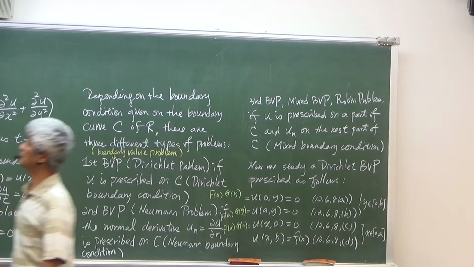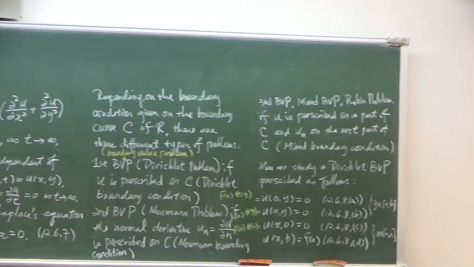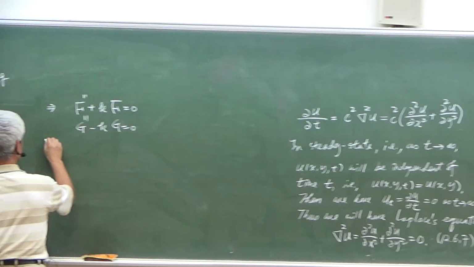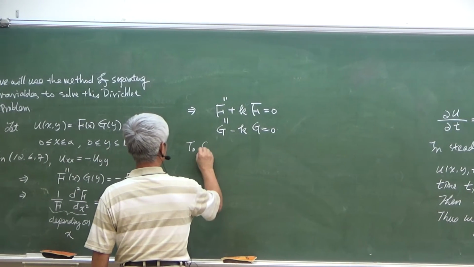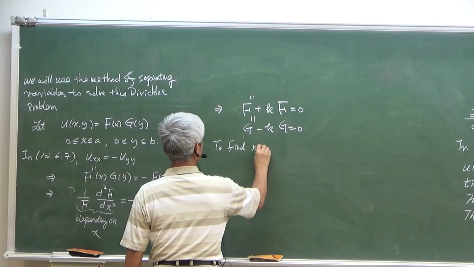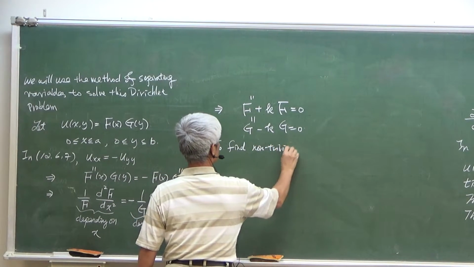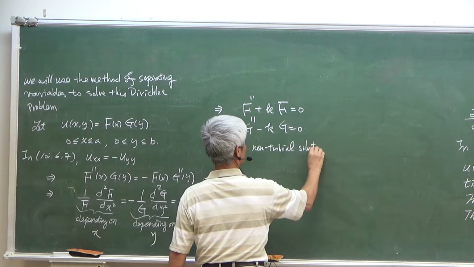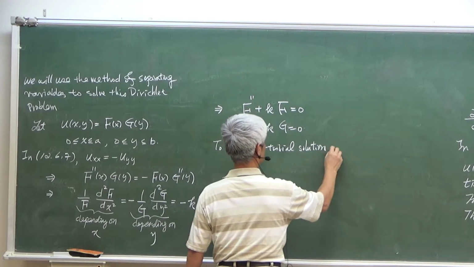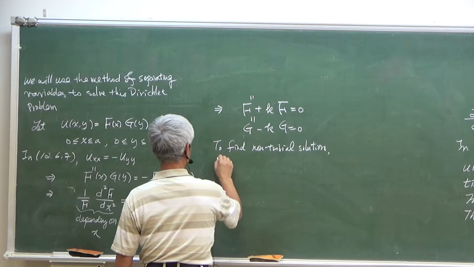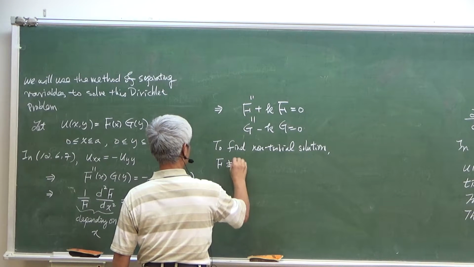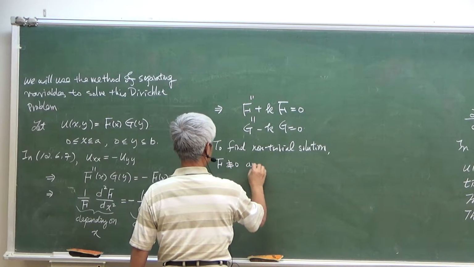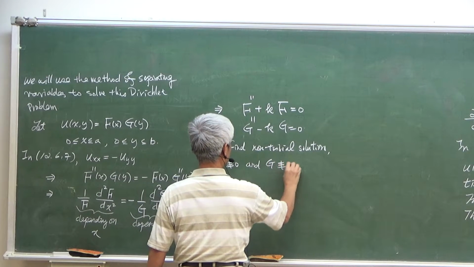So, to find a non-trivial solution, f not identical to 0 and g not identical to 0.